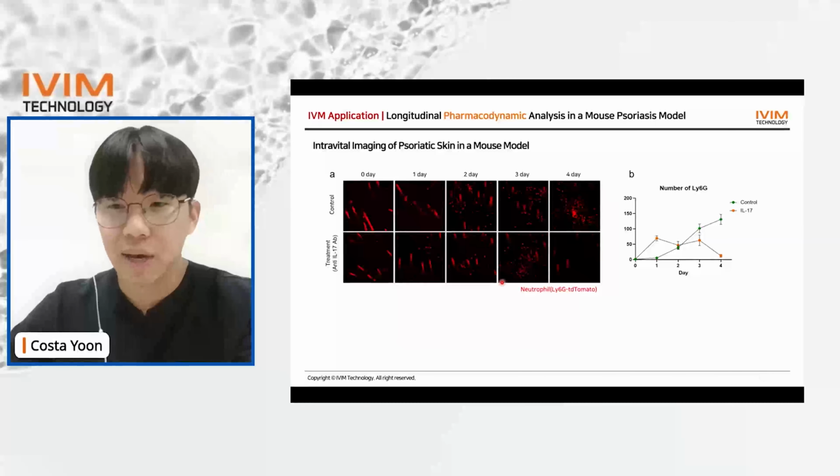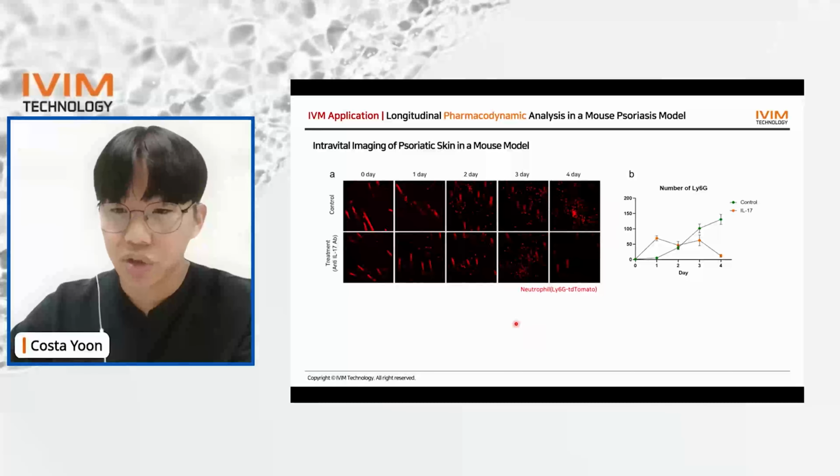Next, we examine neutrophil infiltration, which is another major pathological feature of psoriasis. The dot-like signals represent individual immune cells. In the control group, neutrophil infiltration became prominent from day 2 and progressively increased over time.